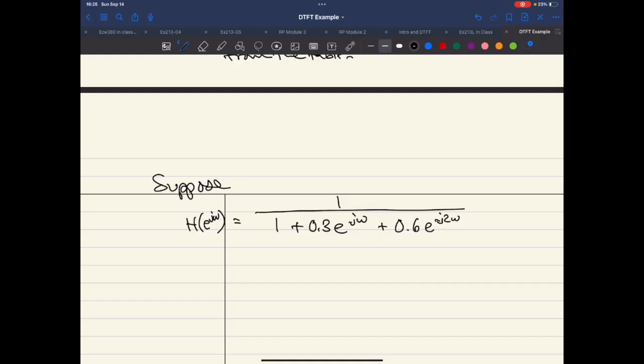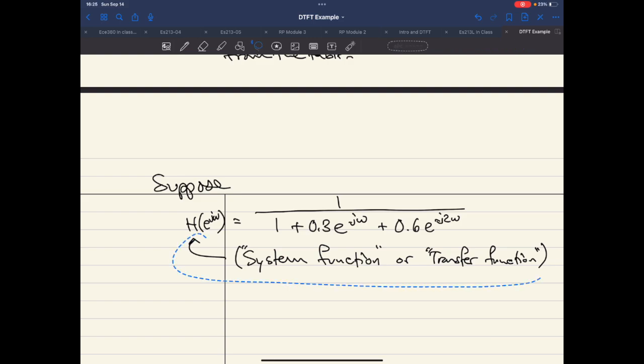This is sometimes referred to as the system function, or the transfer function. Either way. So this guy here, I guess I should do this in purple so we know that it's a note.